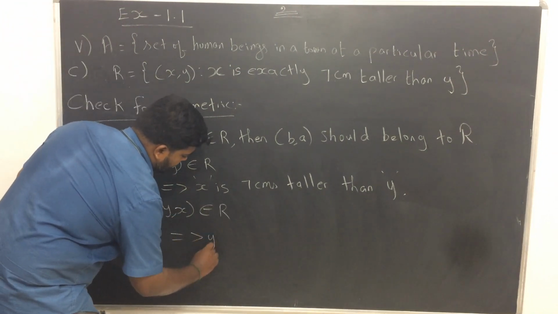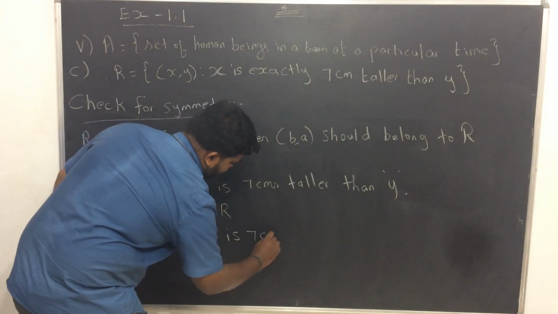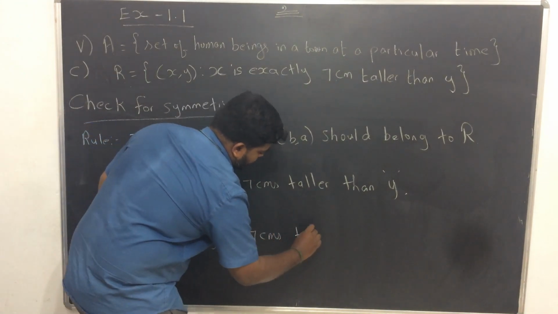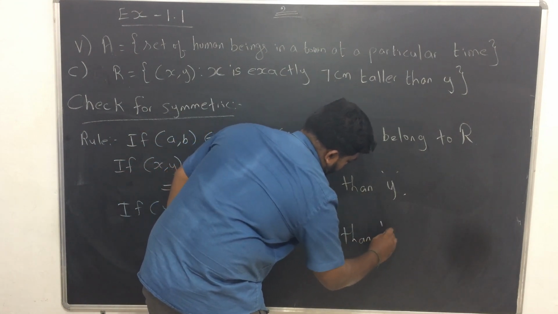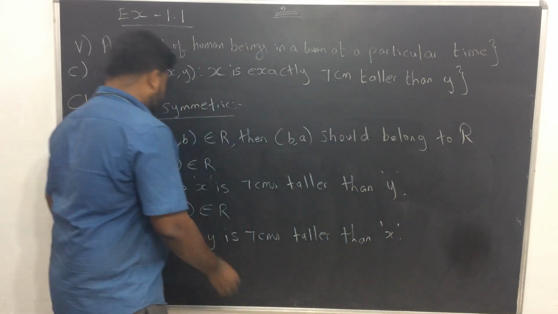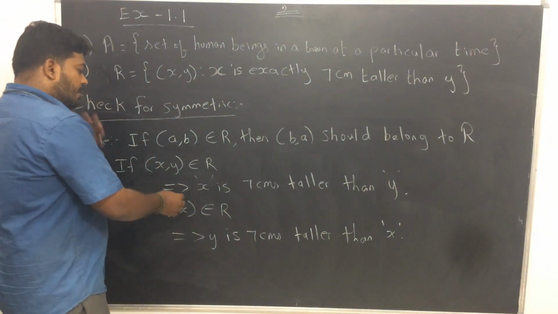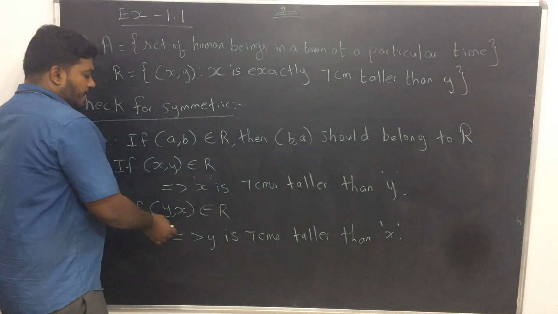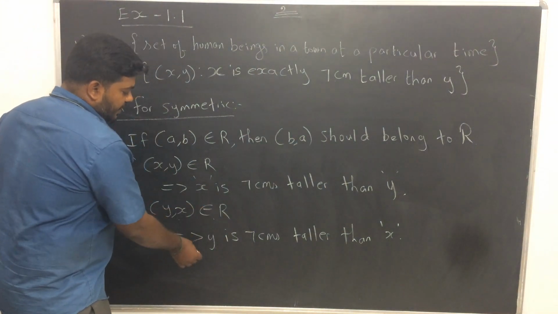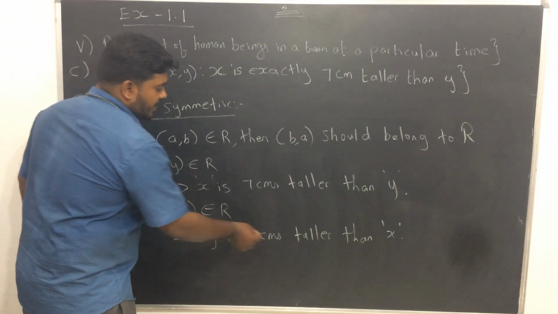It implies that y is 7 centimeters taller than x. So if (x, y) belongs to R, x is 7 centimeters taller than y, but if (y, x) belongs to R, y is 7 centimeters taller than x.